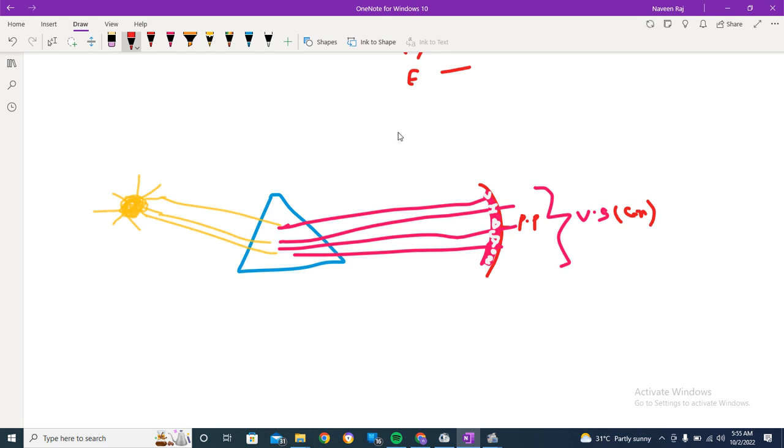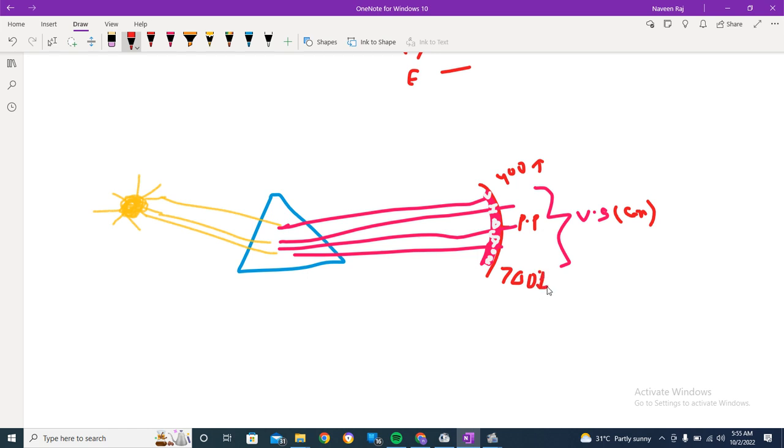We have listened to wavelength in pure class: at violet it is 400 nanometer, and here it is 700 nanometer.